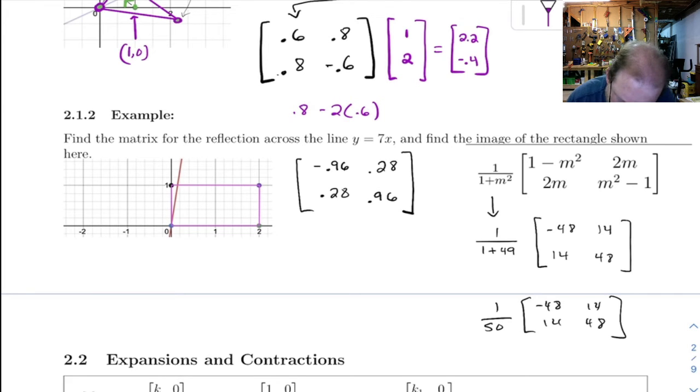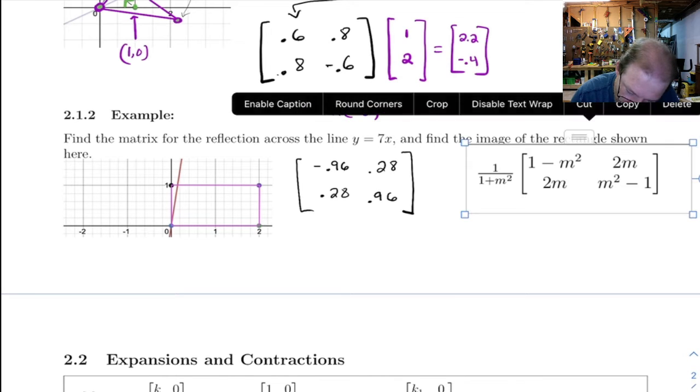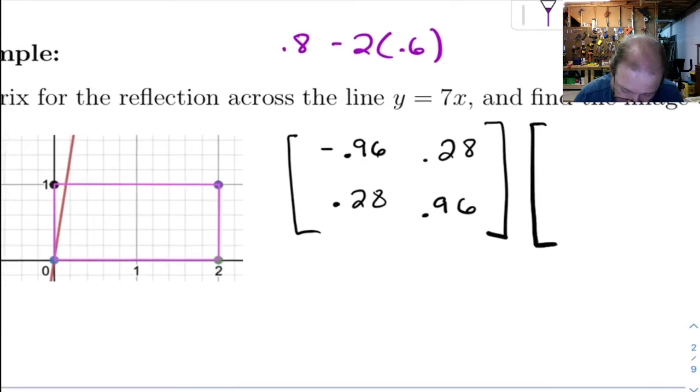Now we need to apply it to this rectangle. I'm going to erase all this stuff, since we don't need it anymore. Let's look at the different points we have here.